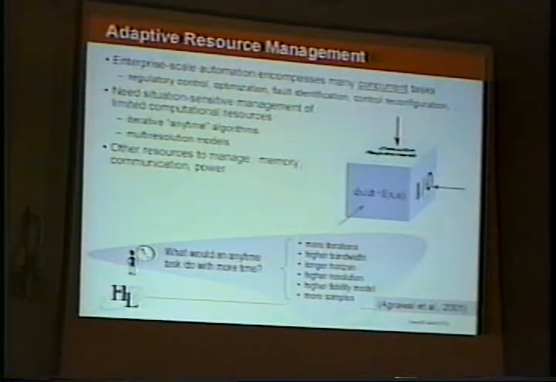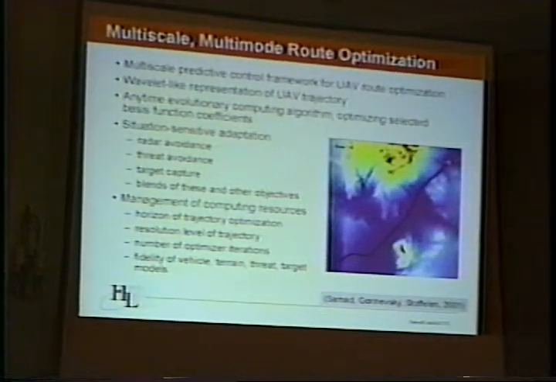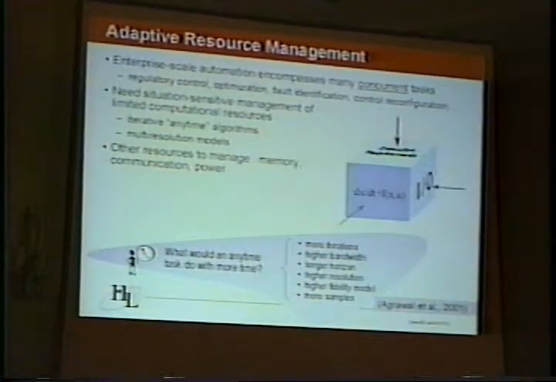I've been talking about this in this slide, which really focuses on the processing and resource management area. There are similar arguments that can be made for memory, communication, power, and some other resources as well. If you're interested more in this topic, there's a special session tomorrow morning chaired by Bonnie Heck, and we have a paper in that session that talks a little bit more about adaptive resource management.